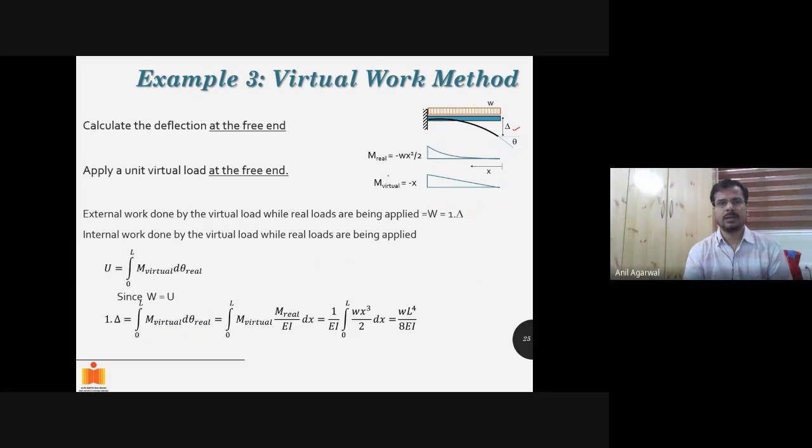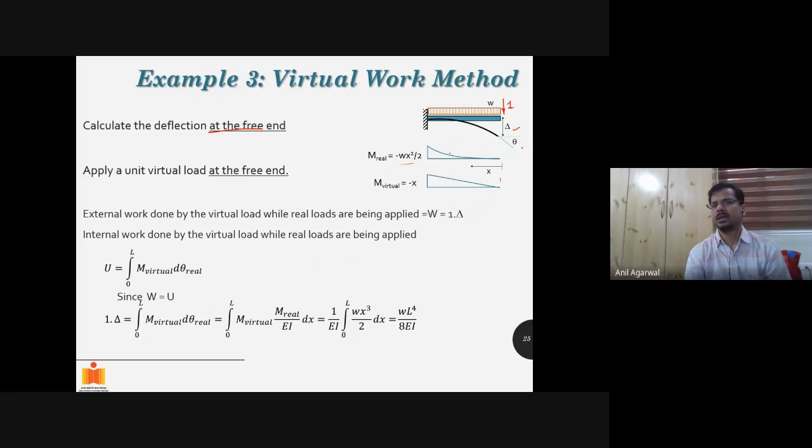In the next slide, we'll calculate theta. But in this one, we are just calculating delta here. So if I want to know delta here, I apply the virtual load at the same location in the same direction. So I apply a virtual load of 1 at this location. And I calculate the bending moment diagram because of the real loads.